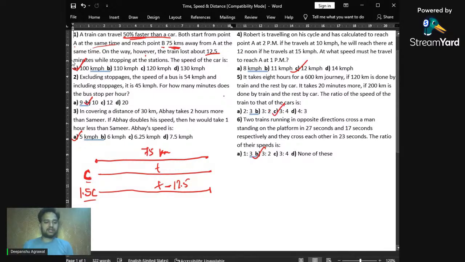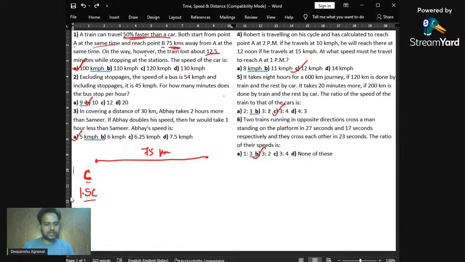So ideally, this 1.5c speed is when the train is running, stops not included. It is not the average speed, because the average speed would have been the same as the speed of the car. Because they both start at the same time and finish at the same time, the average speed had to be the same.